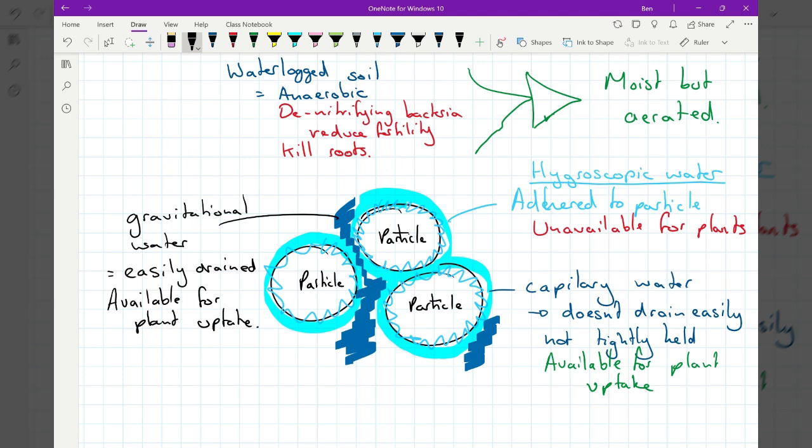And different fractions of different particle sizes will affect the different types of water you find in our soil.